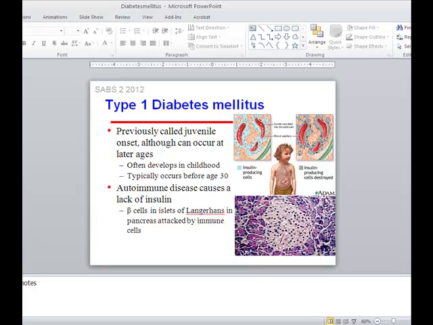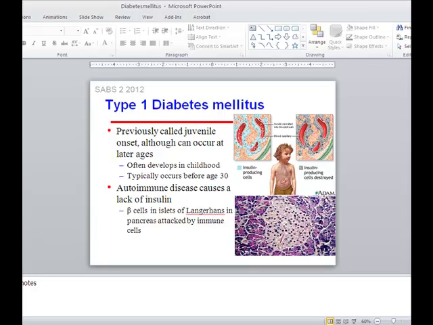Okay, so as I mentioned, type 1 diabetes was previously called juvenile onset, and we're slowly moving away from the term because it can also occur in later ages. Although most commonly it develops during childhood, or before the age of 30 if it happens in adults.